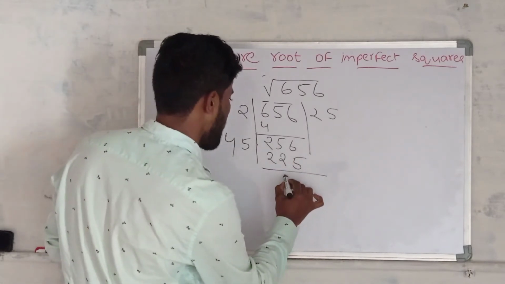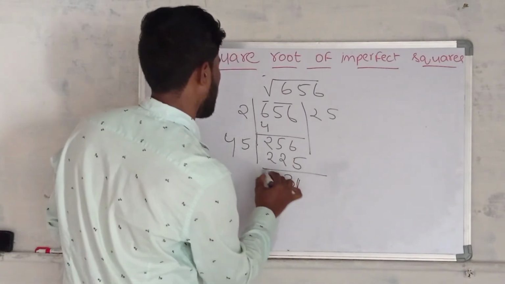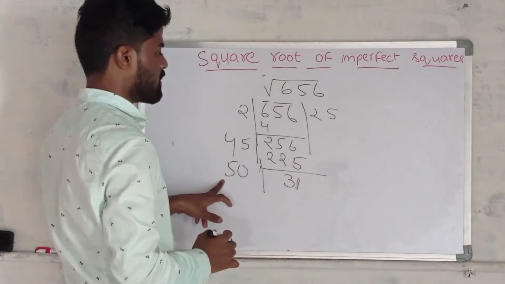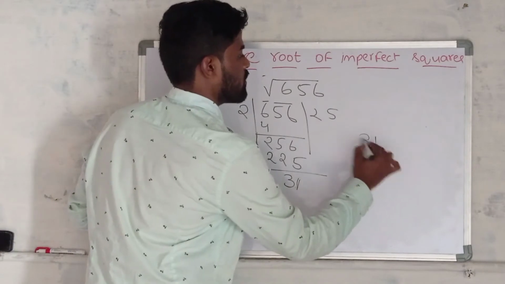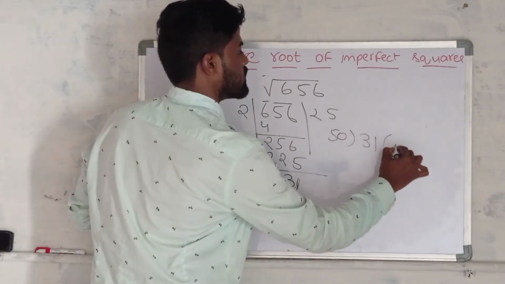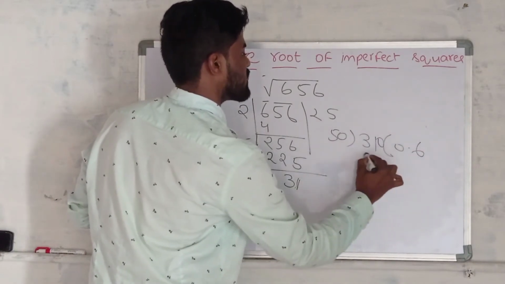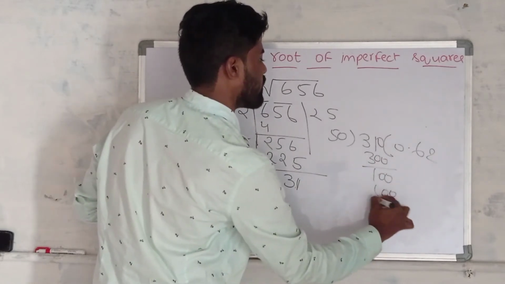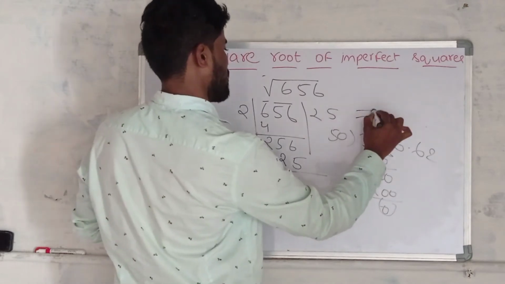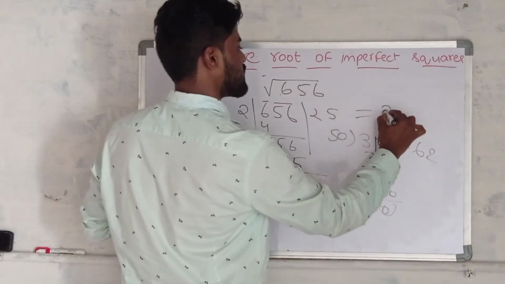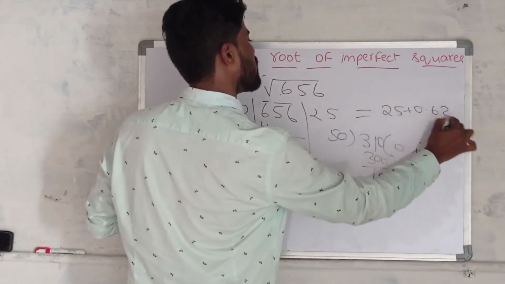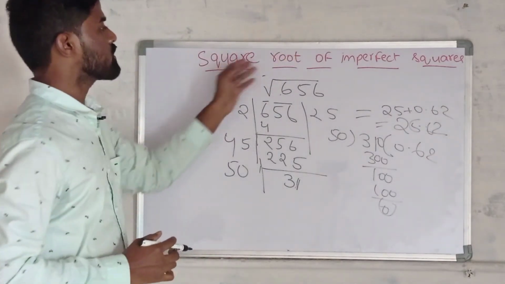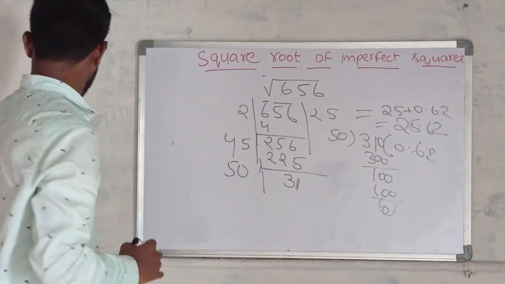It becomes 31, 50. 31 is not divisible by 50. We will write 31, 50. 0.0, 50 into 6, 300, 100, 50 into 2, 100. That means square root of 656 is 25 plus 0.62. That will become 25.62. With this method we can solve square root of any imperfect square.